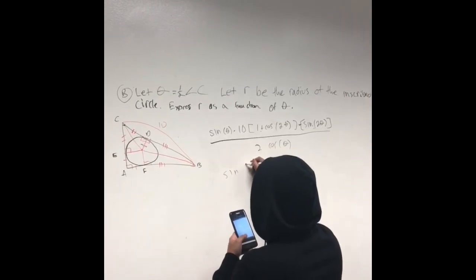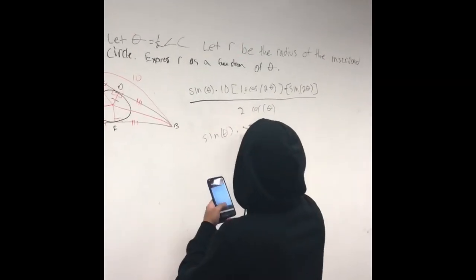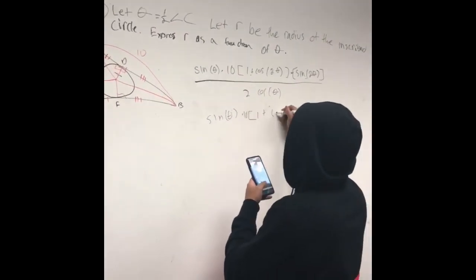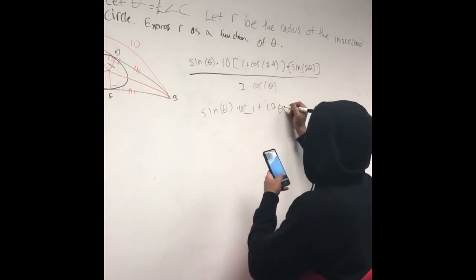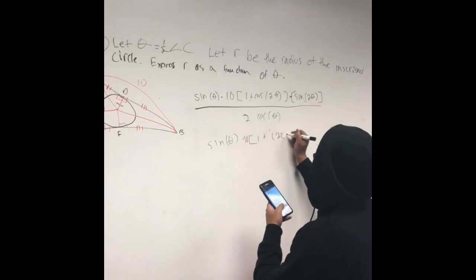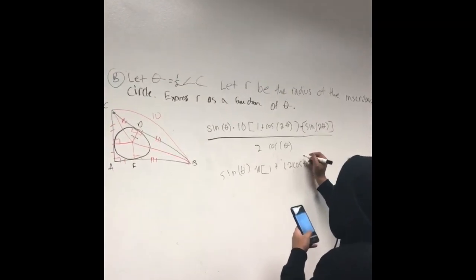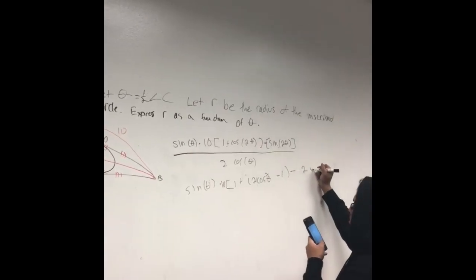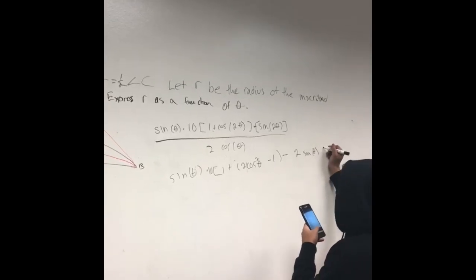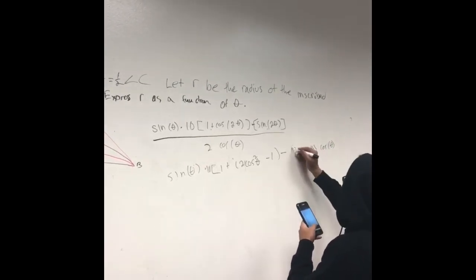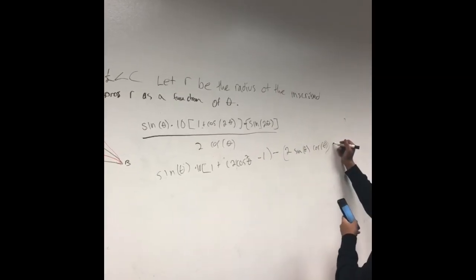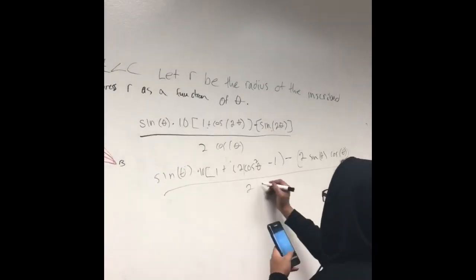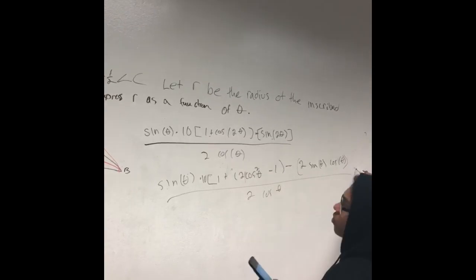So we're left with sine theta times 10 times 1 plus 2 cosine squared theta minus 1, which is our first identity, minus 2 sine theta cosine theta, all over 2 cosine theta, still equal to r.